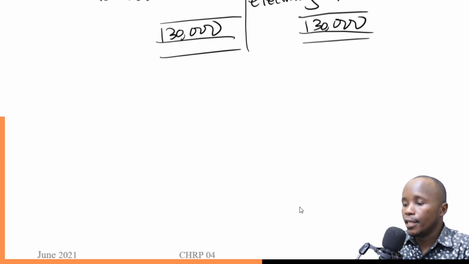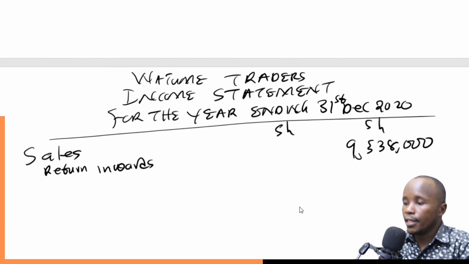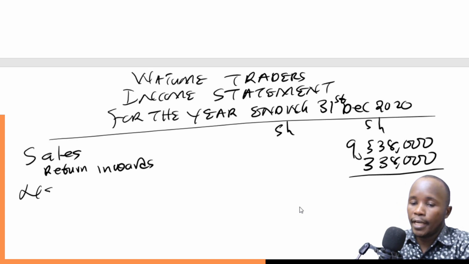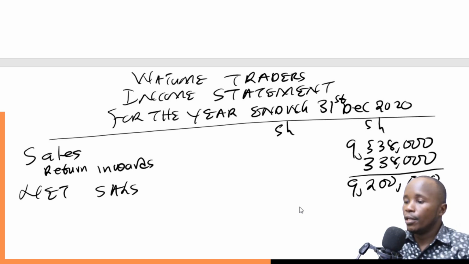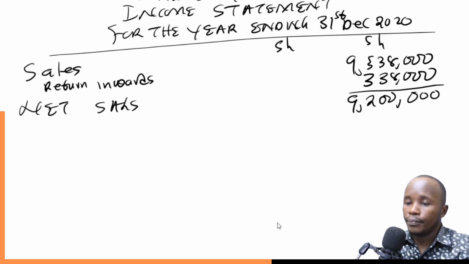You come here and reduce your sales with 338,000. So you shall have what we call net sales, and this is 9,200,000. When you do your subtraction there, that is 9,200,000.